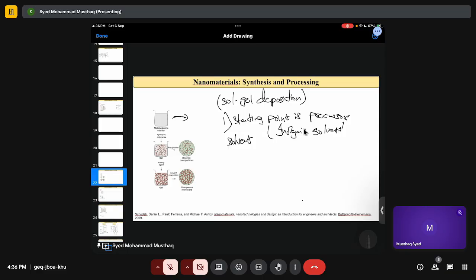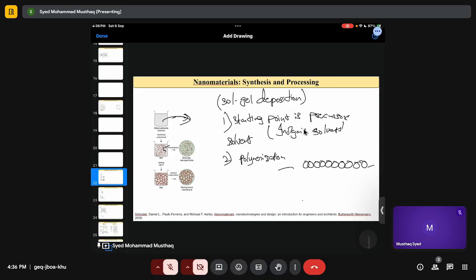Okay, so first I have a solvent, and then I add precursor, and then what we try to do is make them undergo polymerization. Polymerization is nothing but attaching molecules to other molecules.